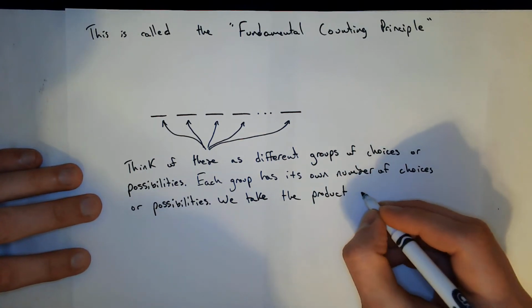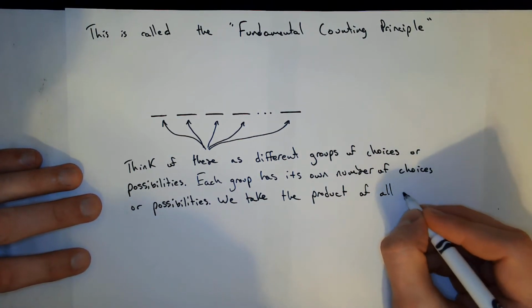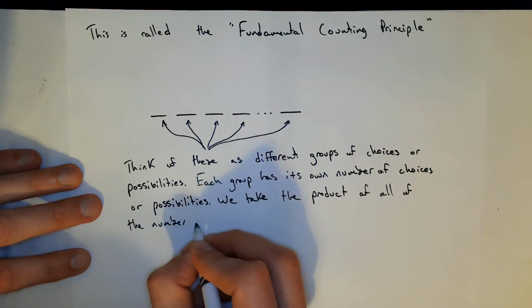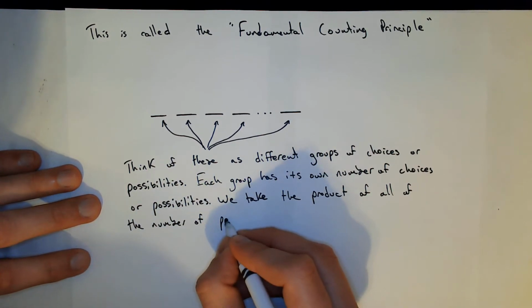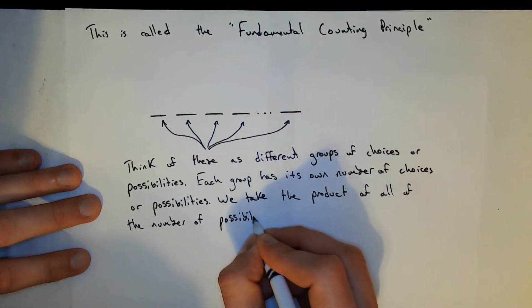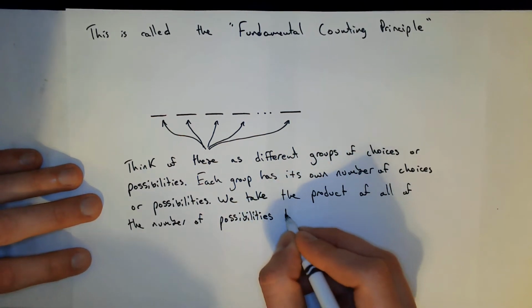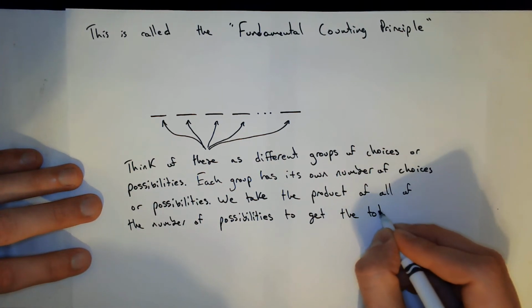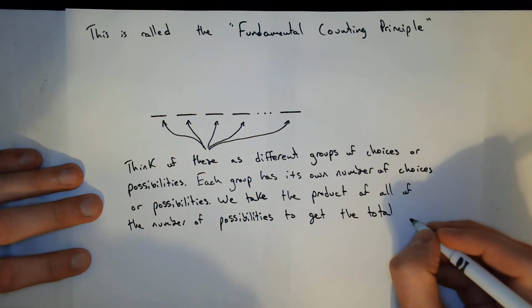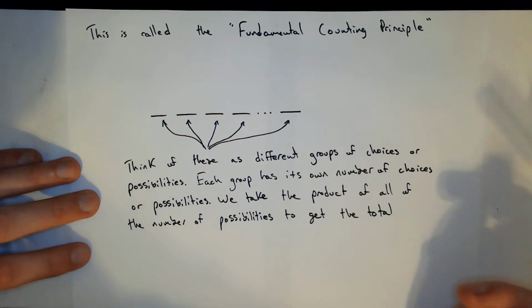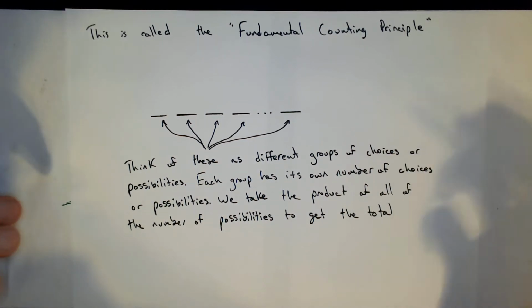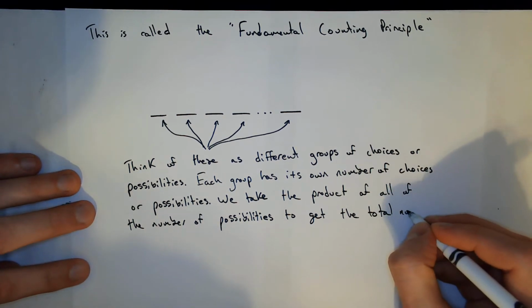So we take the product of all of the number of possibilities to get the total number of combinations. I'll say it like that.